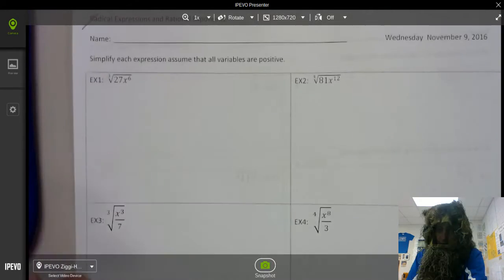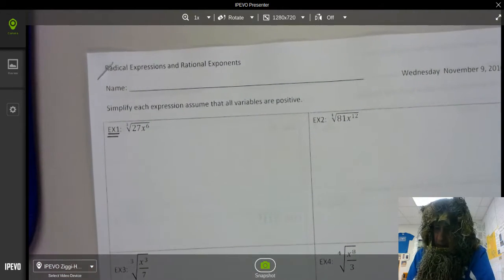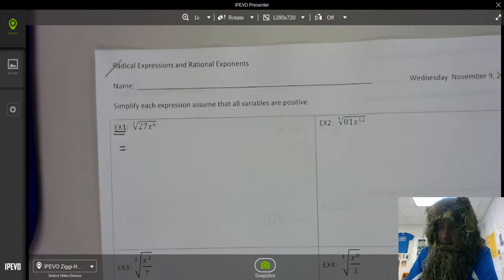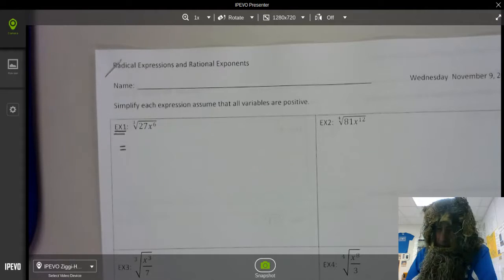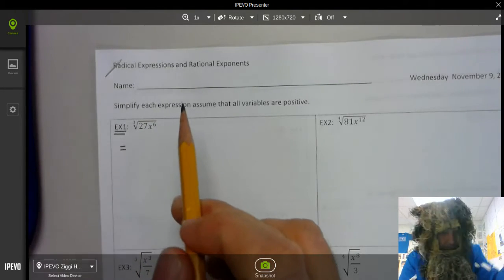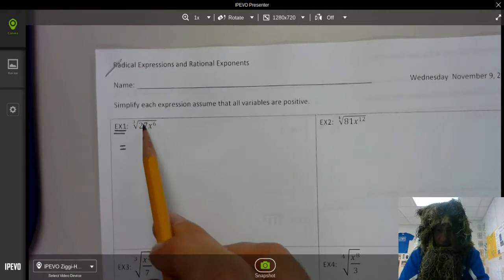All right, so example number 1. It says, simplify each expression and assume that all variables are positive. We're using the product property of roots, because we have the product here.